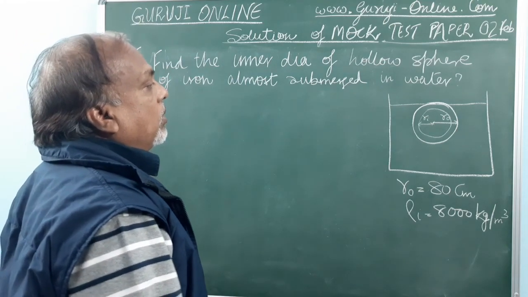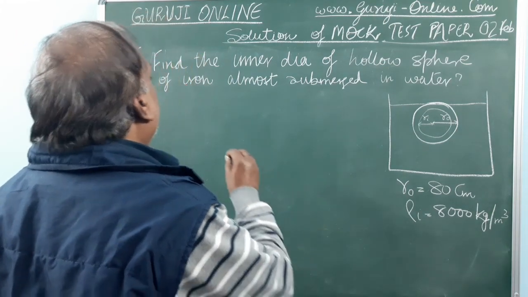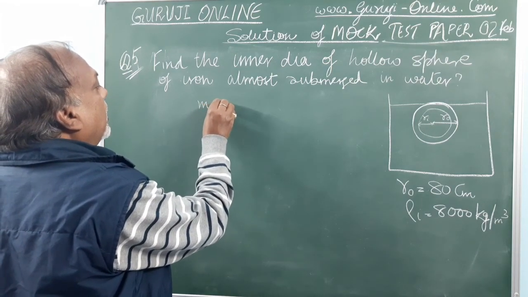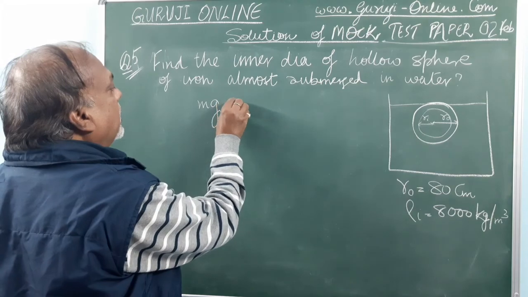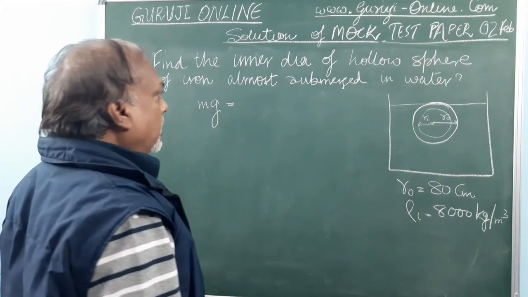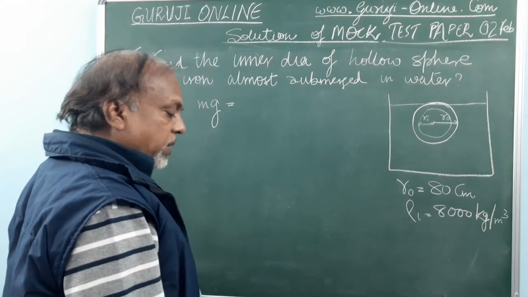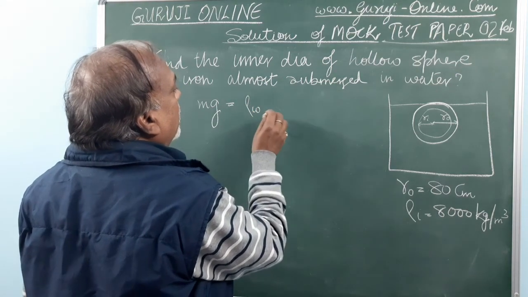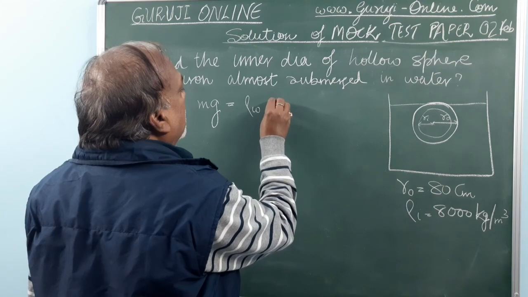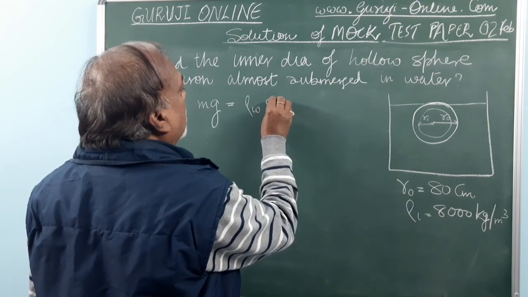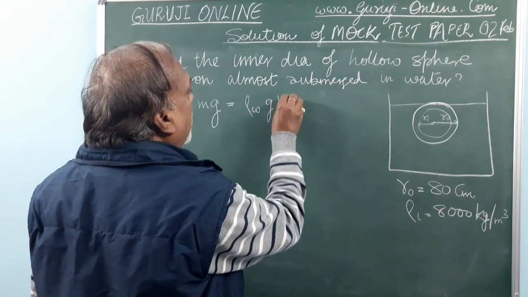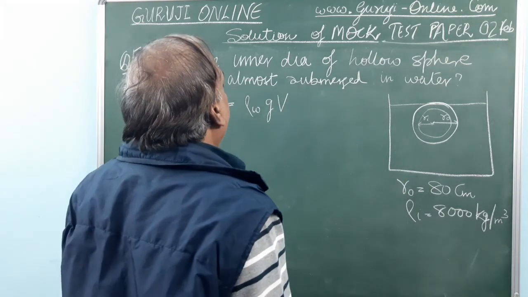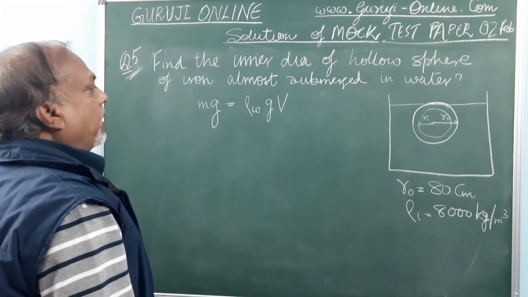So suppose the weight of the hollow sphere is mg, then it must be equal to rho water into g into the volume of the sphere.